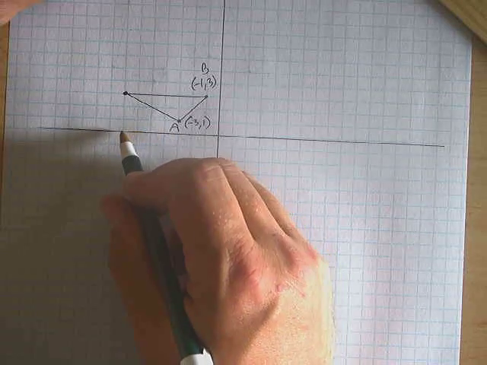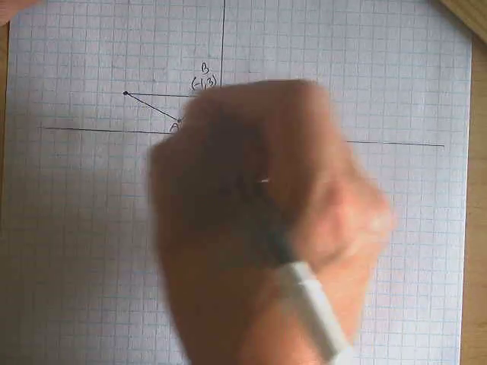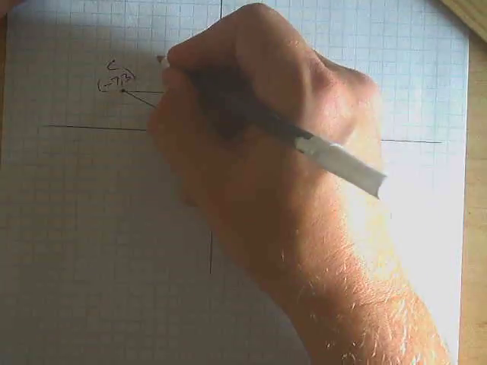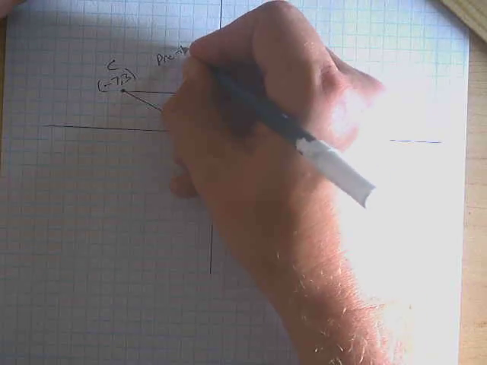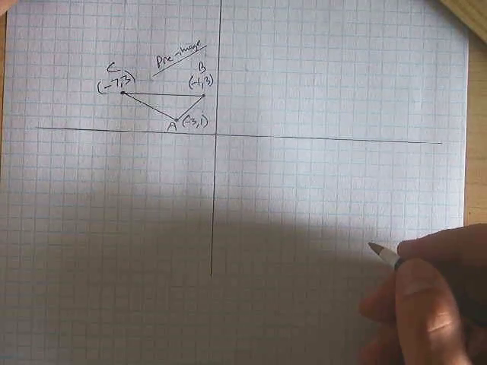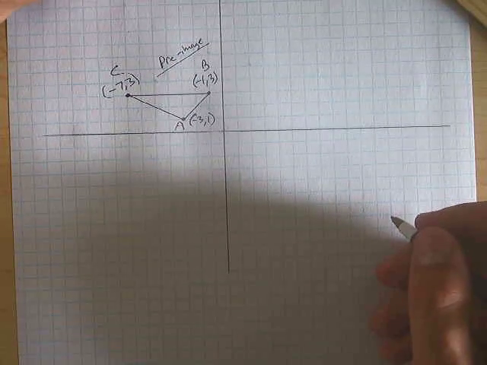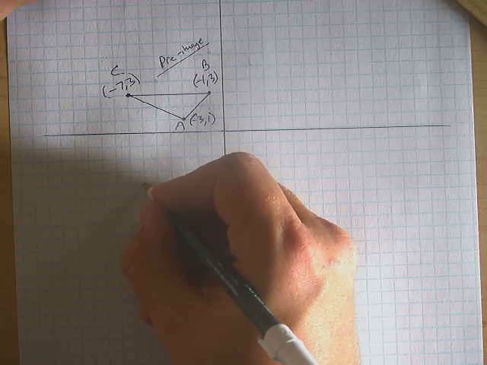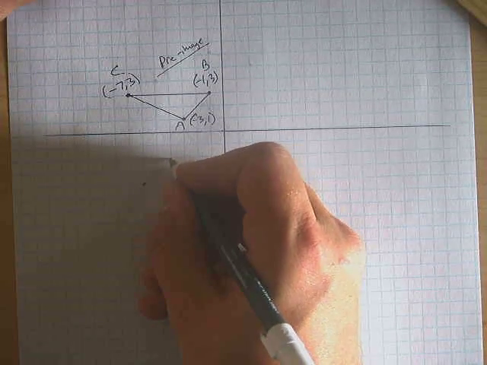This is the point -3, 1. I'll call that A. This is the point -1, 3. I'll call that B. This is the point 4, 5, 6, 7, up 3, so -7, 3. This is my C. Okay, and this is, again, my pre-image.